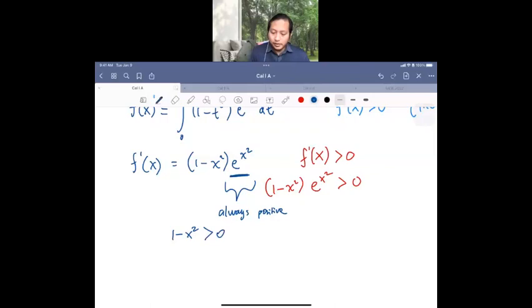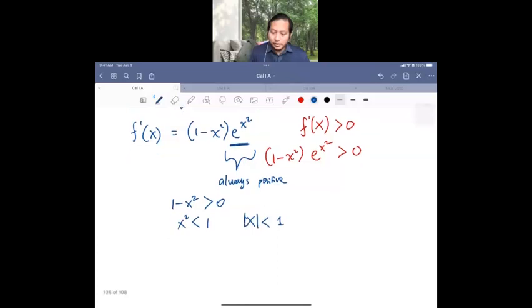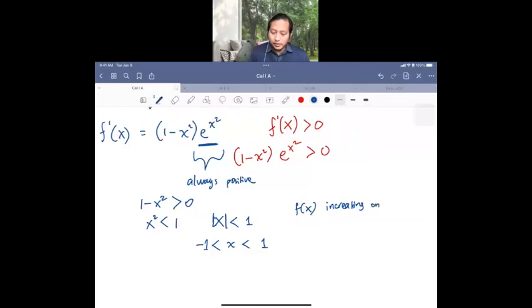So the only way we can know which interval is from this. So we have this, right? So f of x is increasing on negative 1 to 1.